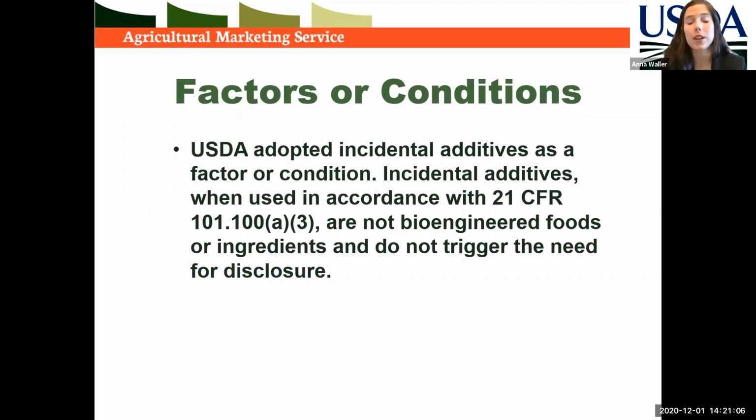When used in accordance with FDA regulations, incidental additives do not need to be included on the ingredient list. Similarly, AMS has determined that incidental additives are not bioengineered foods, and when used in conformance with the FDA regulations, do not by themselves require a bioengineered food disclosure.